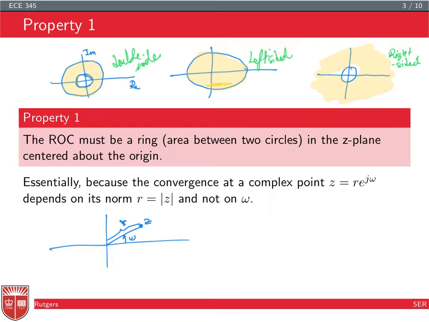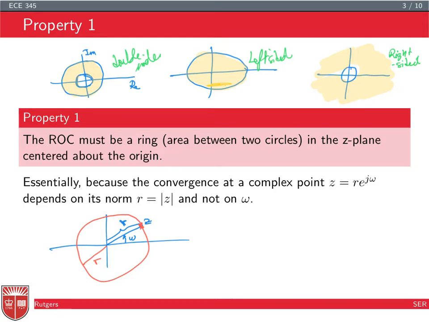Meaning that if the Z transform converges at a given point z, it must converge at any other point with the same norm r but maybe a different angle. So it must converge on the whole circle of radius r. So that's what it is saying.